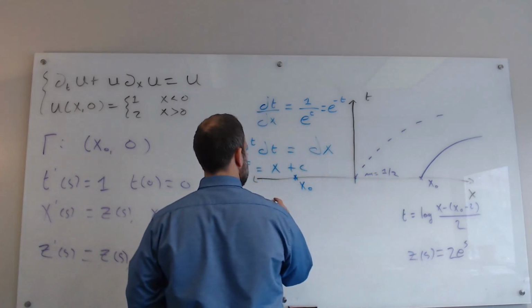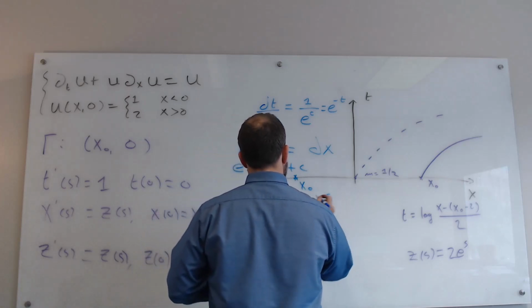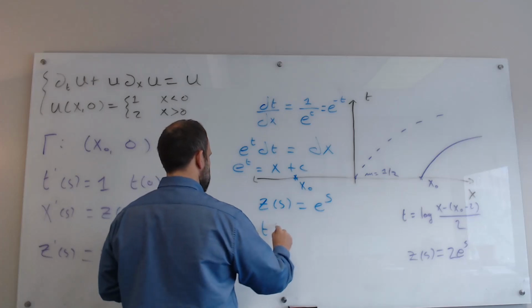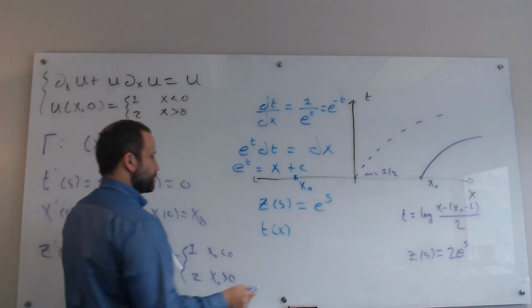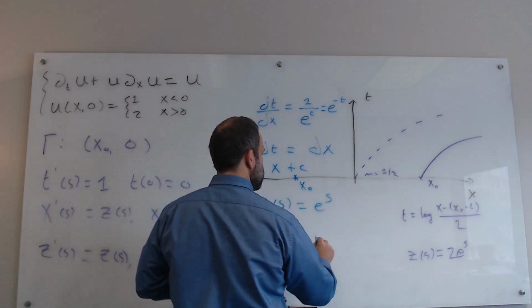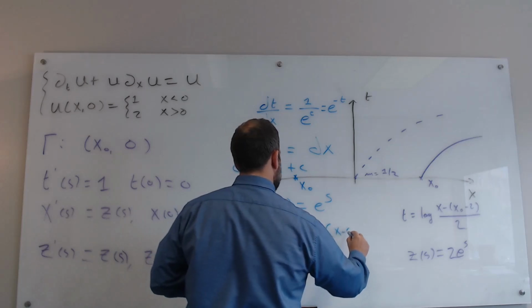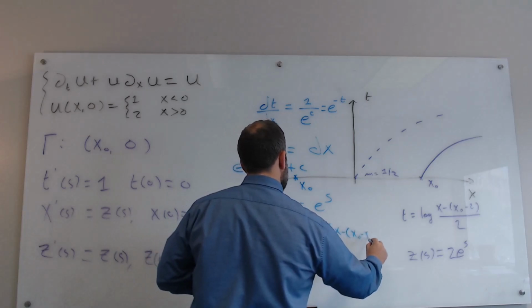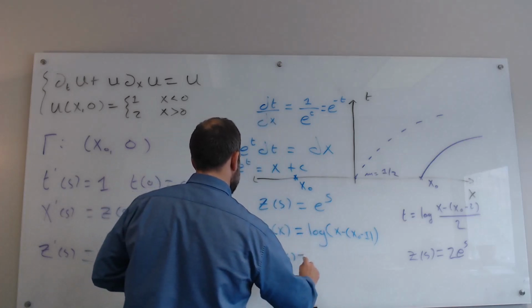Z of s is equal to e to the s, and then t of x is equal to log of x minus x naught minus 1, and then t of s is equal to x.